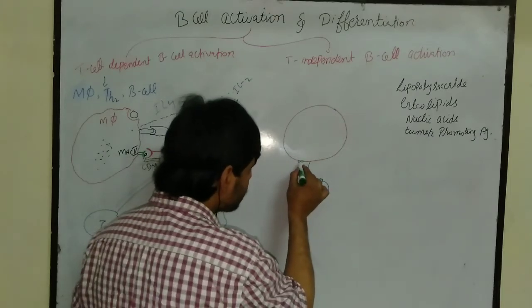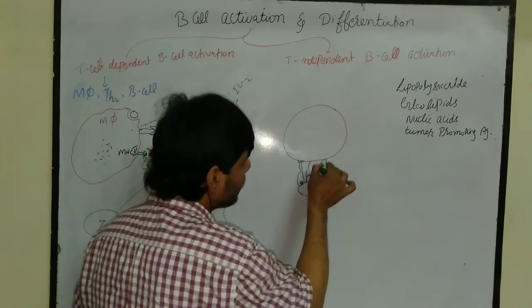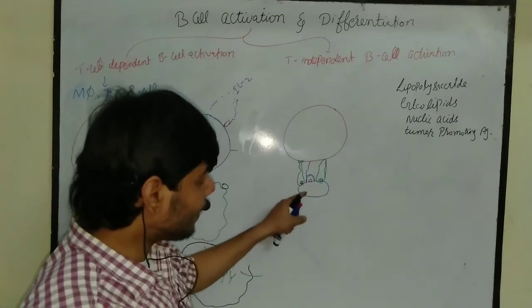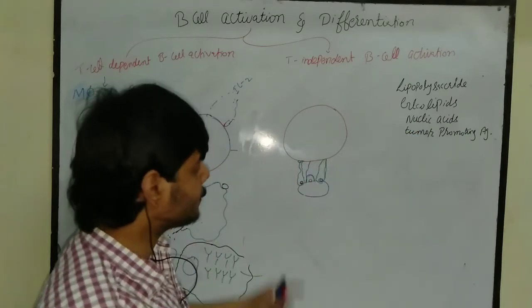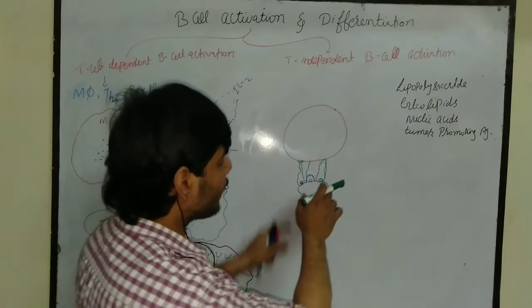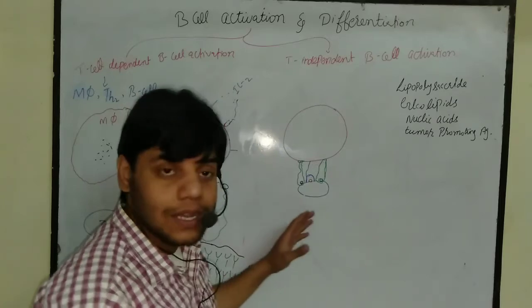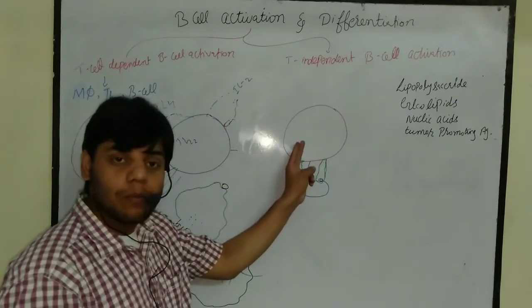These B cells have the toll-like receptor, and they also recognize the rest of the antigen. So remember, if the B cell recognizes the antigen, which is the lipopolysaccharide or glycolipids, and the toll-like receptor is also recognizing the same molecules present on the microbes, then this B cell will get activated.